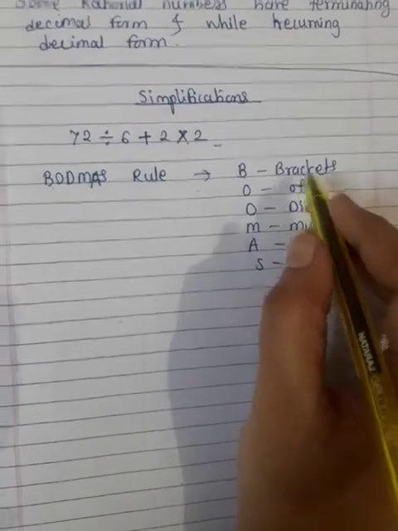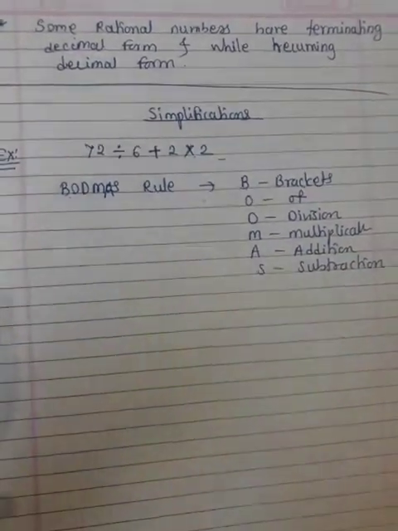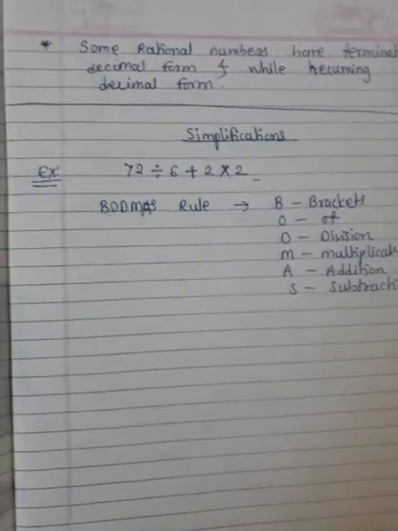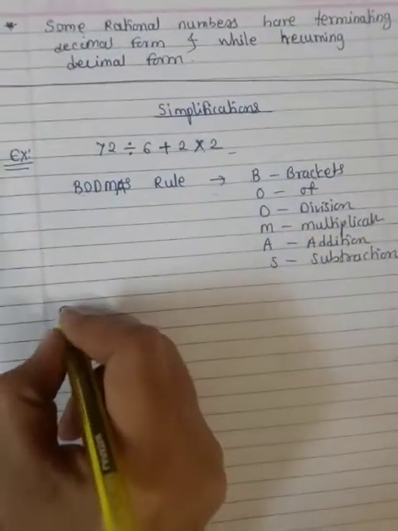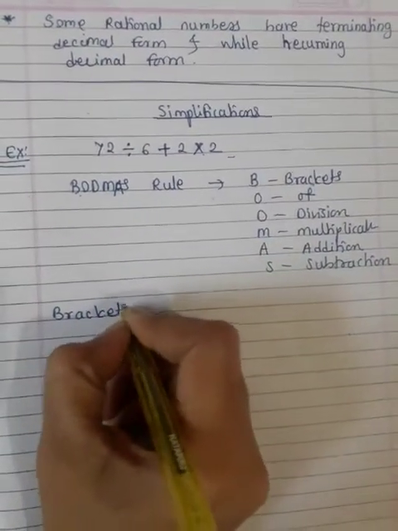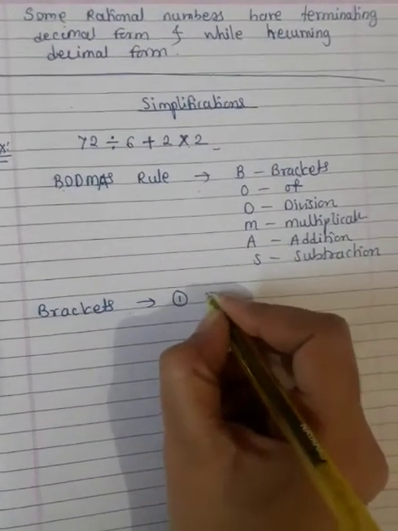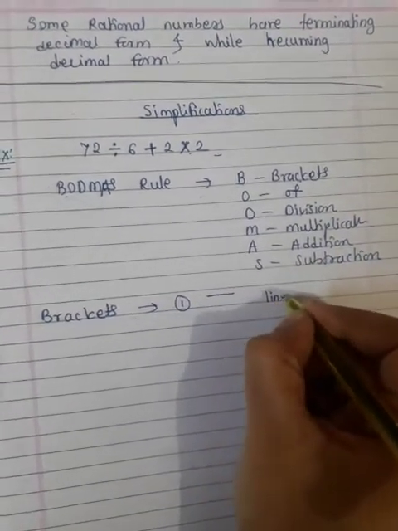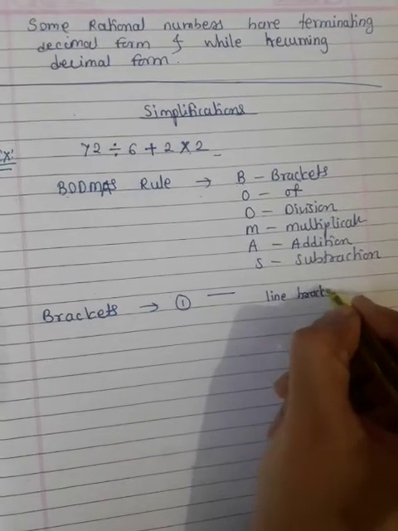Before that, you must know which types of brackets there are. First I will explain about brackets. How many types of brackets? First type is the line bracket.